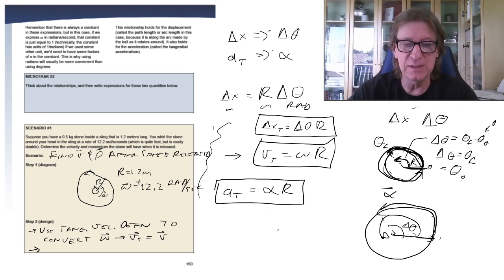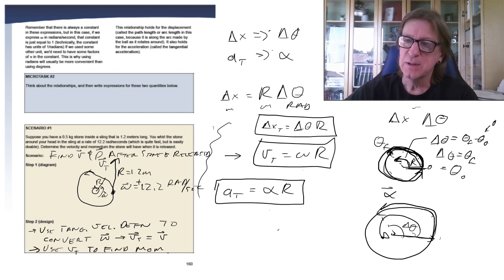If I release it right here, which direction is it going to go? Well, it's going to go straight up. So that's also going to be our VT, and I don't know what that is offhand. Then I'm going to use our tangential velocity after it's been released. It's now our regular velocity, and we're going to use that to find the momentum. Okay, so that's our plan.